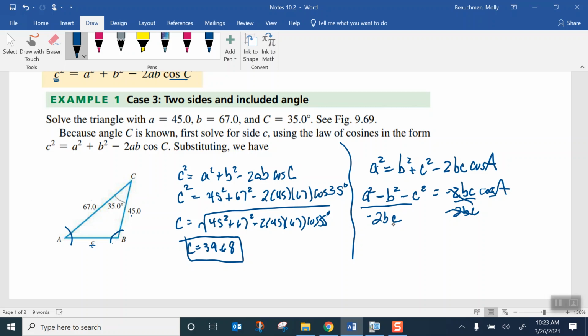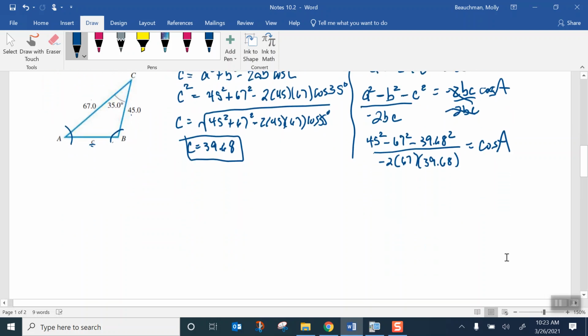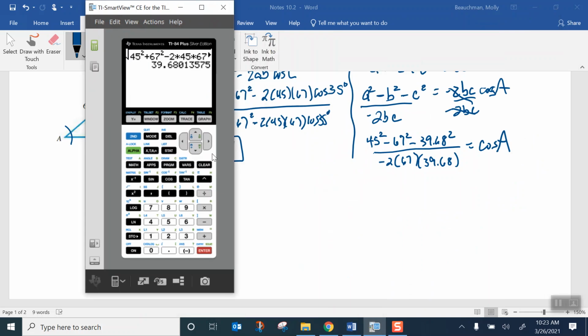So a in this case is 45, so we're going to take 45 squared minus b, which is 67 squared, minus c, which we just found to be 39.68 or 39.7, divided by negative 2 times b, which is 67, times c, which is 39.68, and that's going to equal the cosine of angle A. If you want to put it all in one shot, the inverse cosine of both sides is what we're going to take.